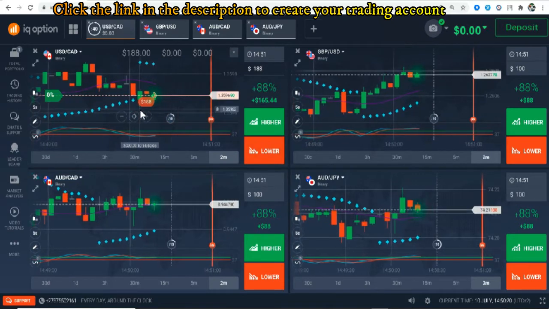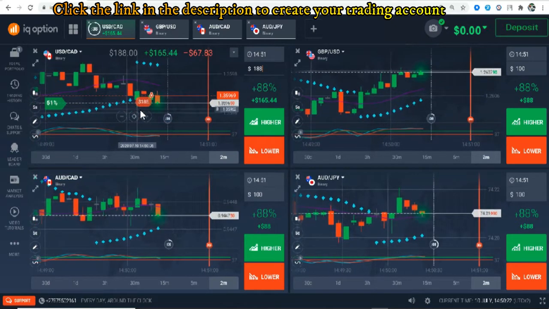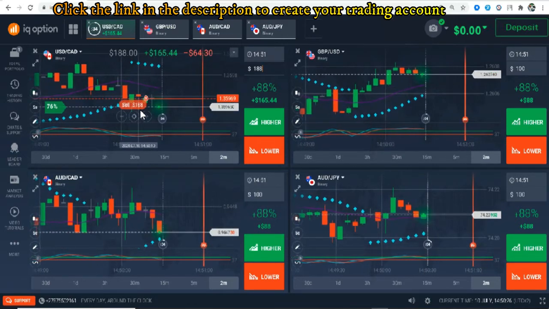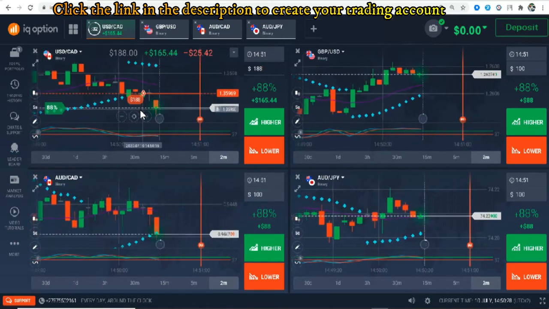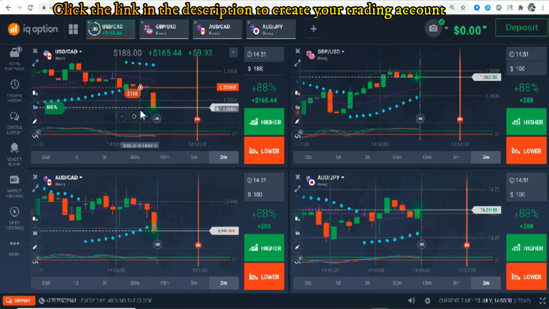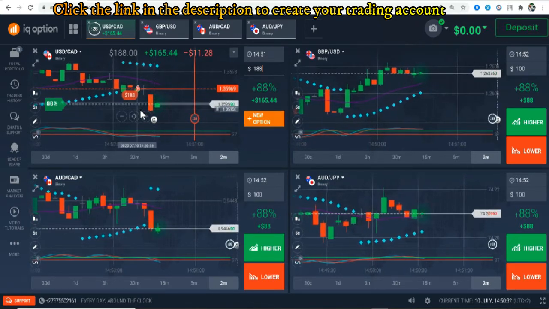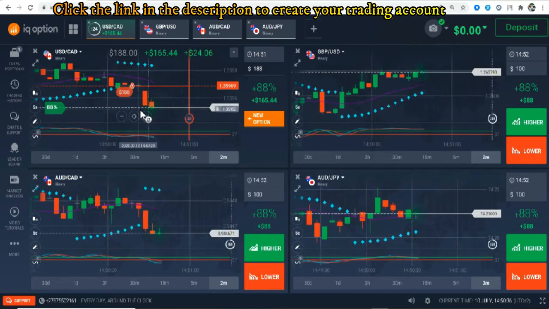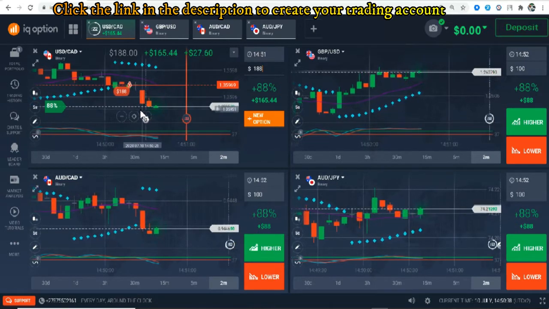All right, so we've placed our second trade here on USD Canadian dollar. So what's happening is that the point that we enter a trade, we have what is called an expiration time.